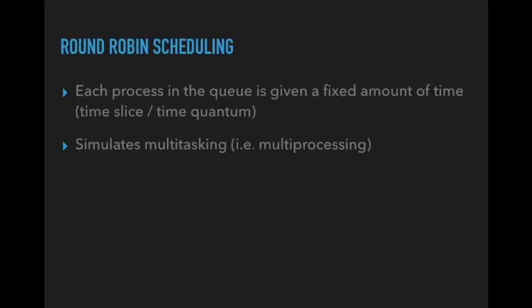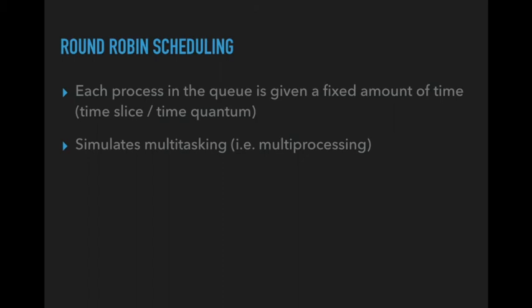This is interesting because here the queue of ready processes is treated as a circular queue. So each process in the queue is given a fixed amount of time called a time quantum or a time slice. Essentially, the processing time is divided into very small slices, and each slice is given to each process in the queue.